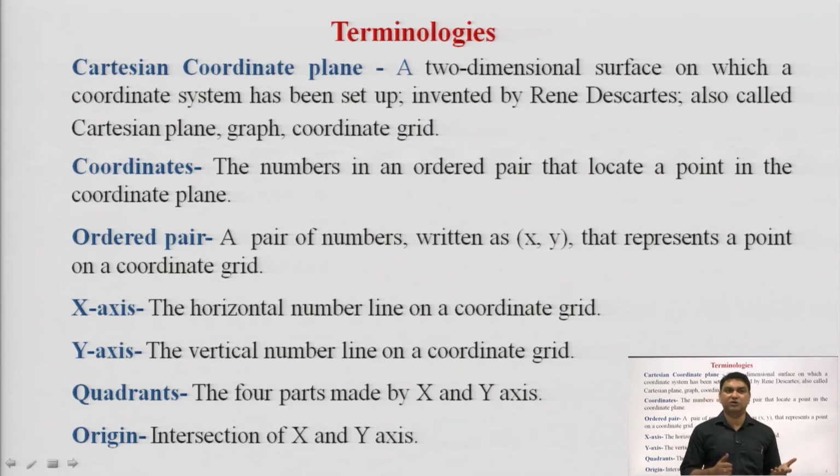The x axis is the horizontal number line on a coordinate grid, the y axis is the vertical number line. Quadrants are the 4 parts made by the x and y axes. Origin is the intersection of the x and y axes.